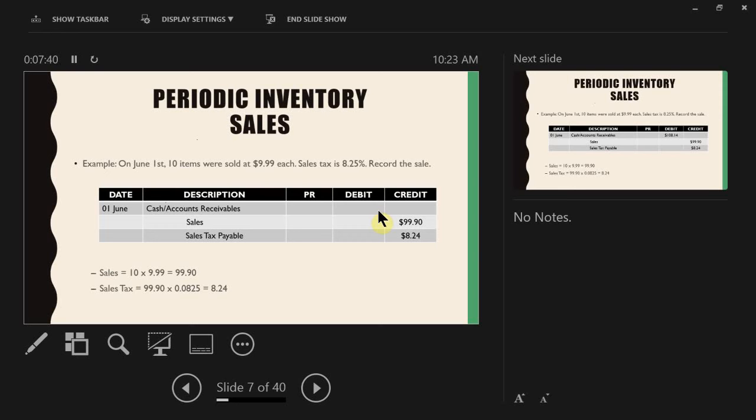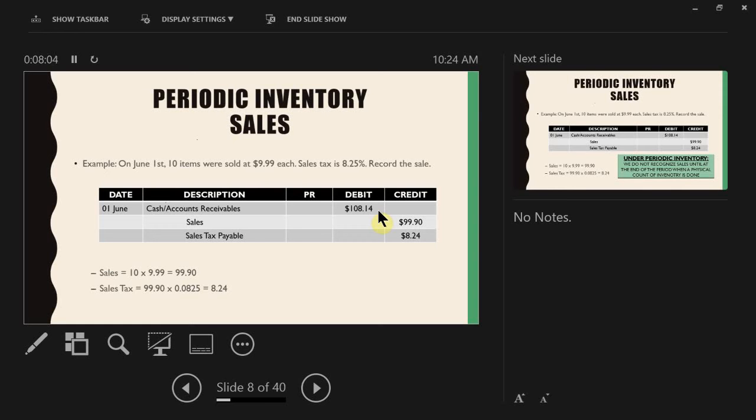I multiply that by 8.2% to give me a total of $8.24. So in combination, we will get a total of $108.14.